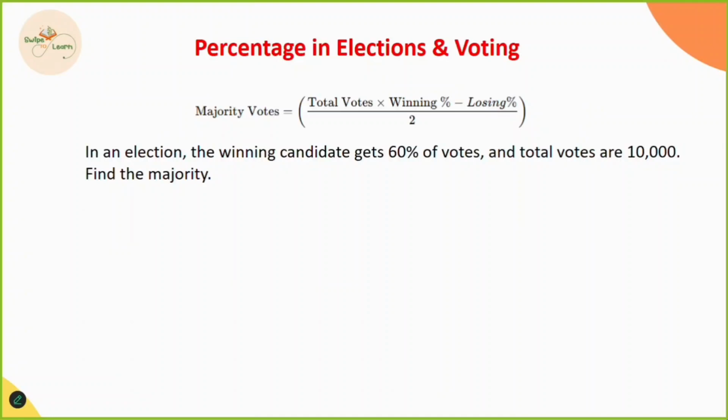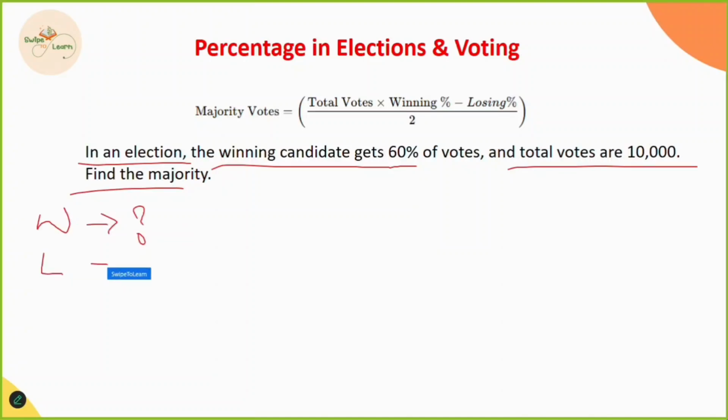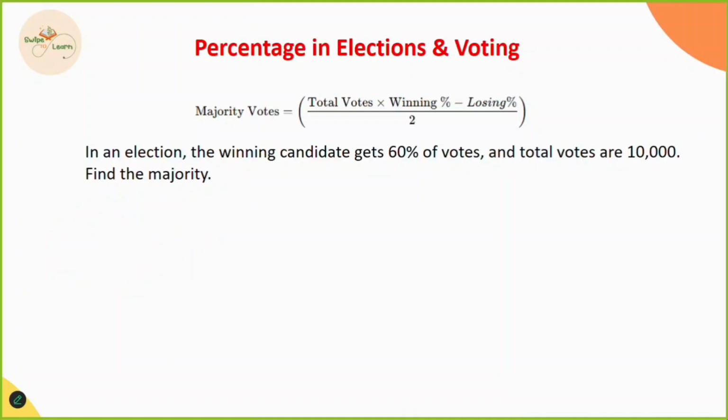Okay. In an election, the winning candidate gets 60% of the vote and total votes are 10,000. Find the majority. This problem can be done by calculating the number of votes the winning candidate actually got and the votes the losing candidate got, then subtracting the two to get the majority. First we'll calculate the winning candidate.